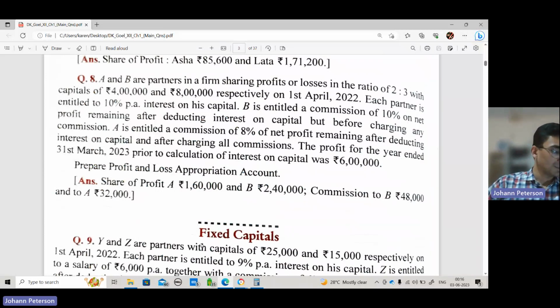All right, so we start off with making a P&L appropriation account because we have been asked to make that.